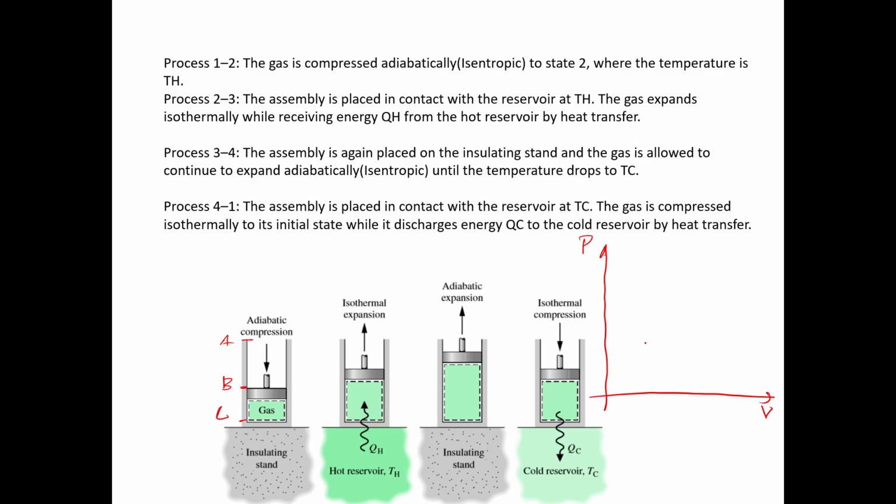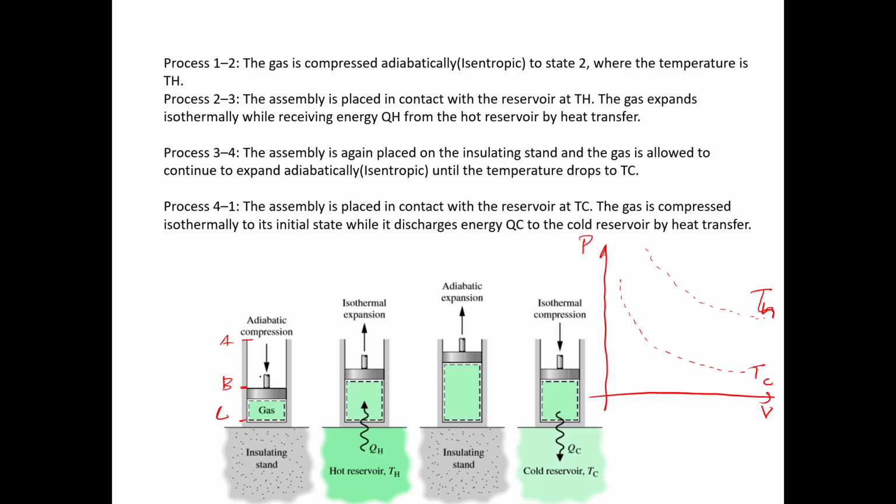Now this works between two temperatures, therefore we have TH and TC. Let's draw the temperature lines. This is our first temperature line, which is TC, and we have another temperature line here, TH.